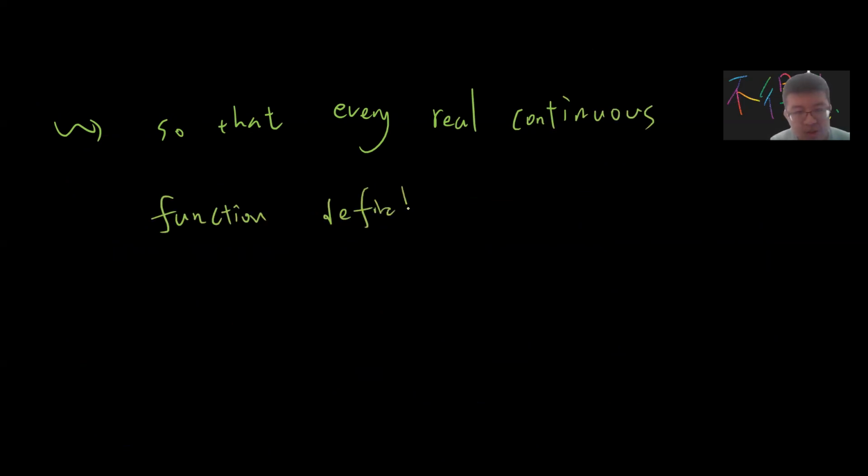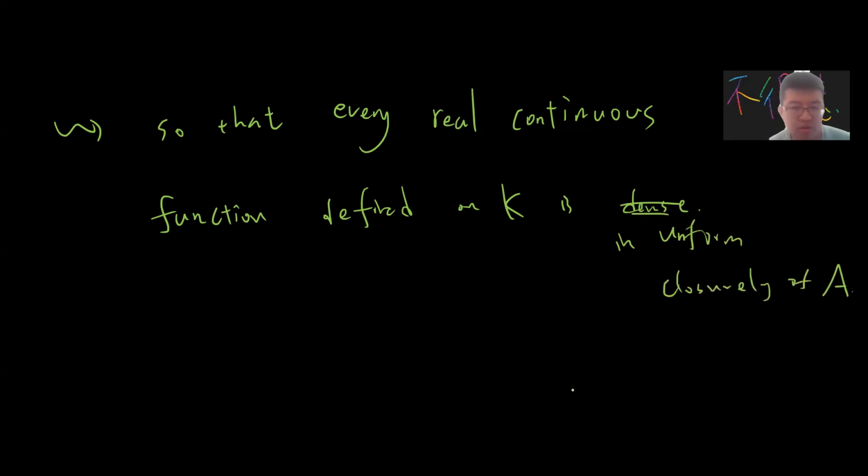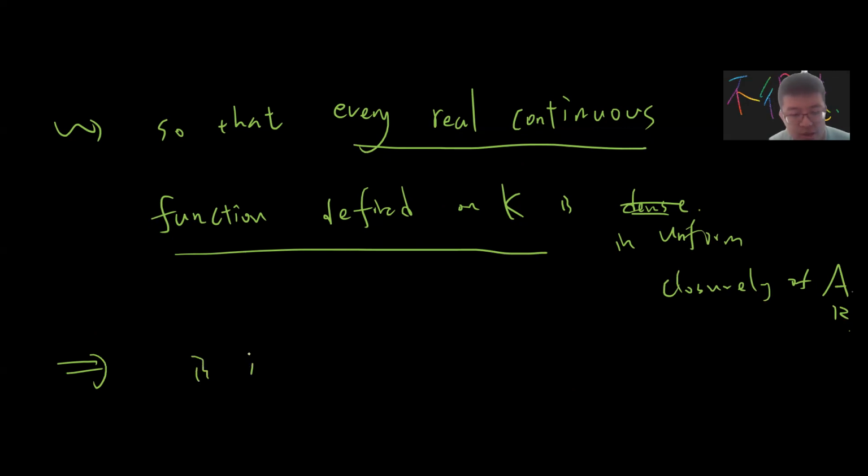And then you can use the previous theorem, using AR, so that every real continuous function defined on K is in the uniform closure of AR. Which proves that every real continuous function defined on K is in the uniform closure of A, because AR is a subalgebra of A, so it's also always in the uniform closure of A.